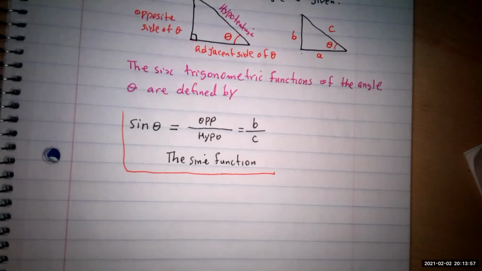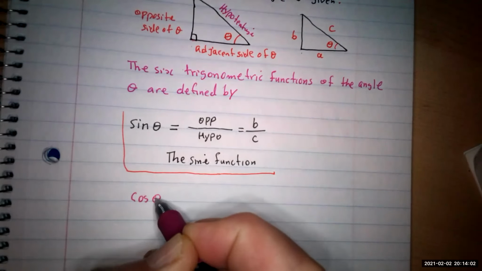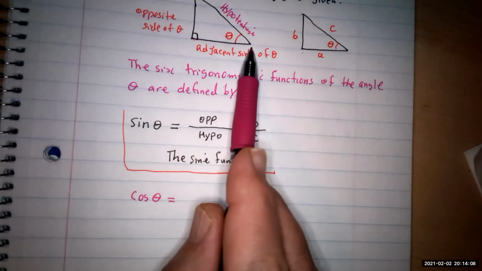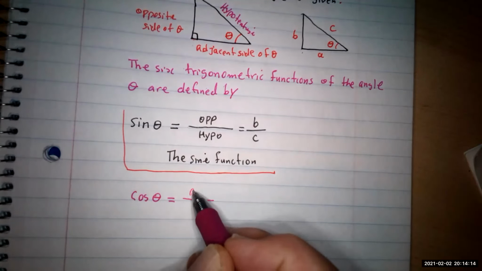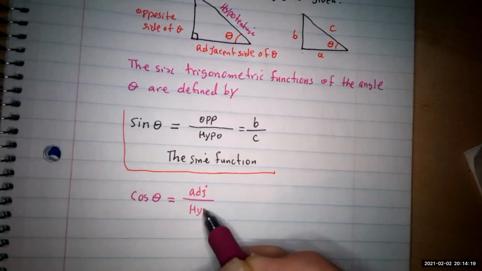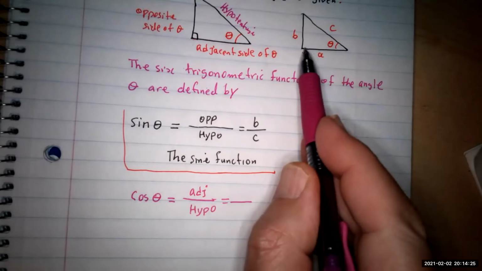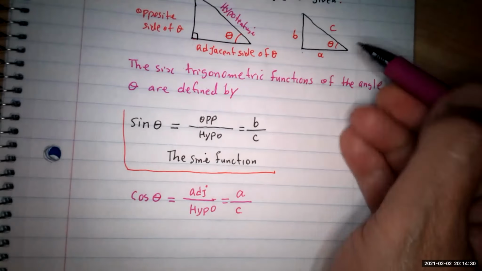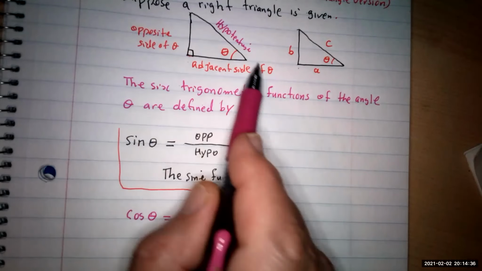Next one, cosine, COS. Cosine of theta is the ratio of the adjacent side divided by the hypotenuse, which is equal to the adjacent one, we call it A, and that's C. So the cosine is adjacent over the hypotenuse.